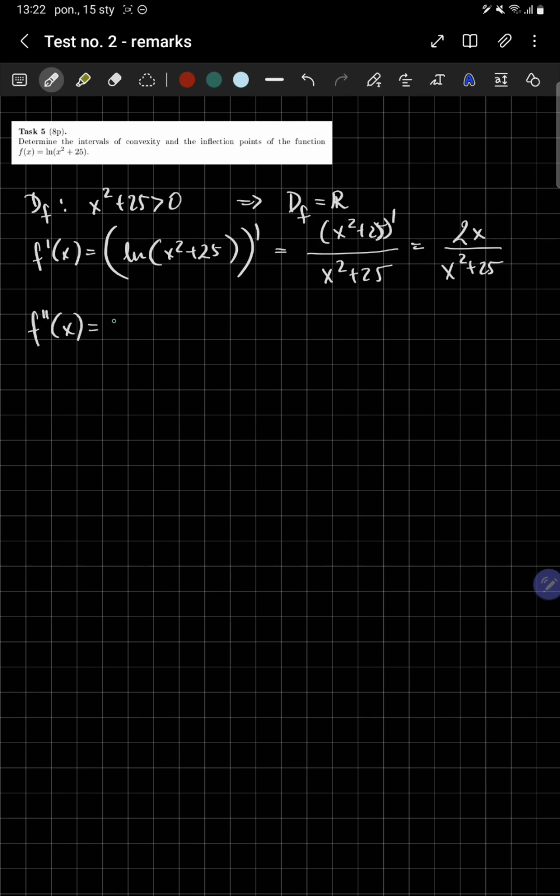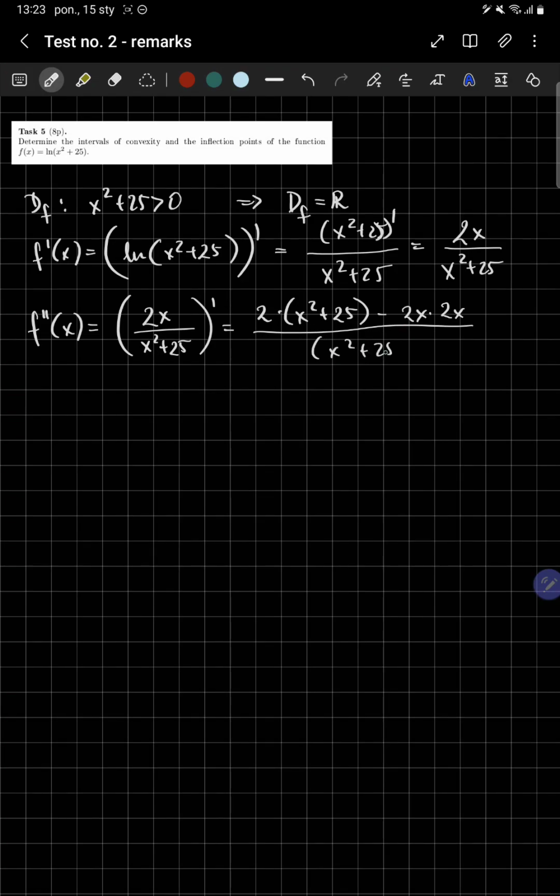Second derivative. Here we have the quotient, so the calculation is immediate. After cancelling, we have 2x squared plus 50 minus 4x squared divided by the square of the denominator.